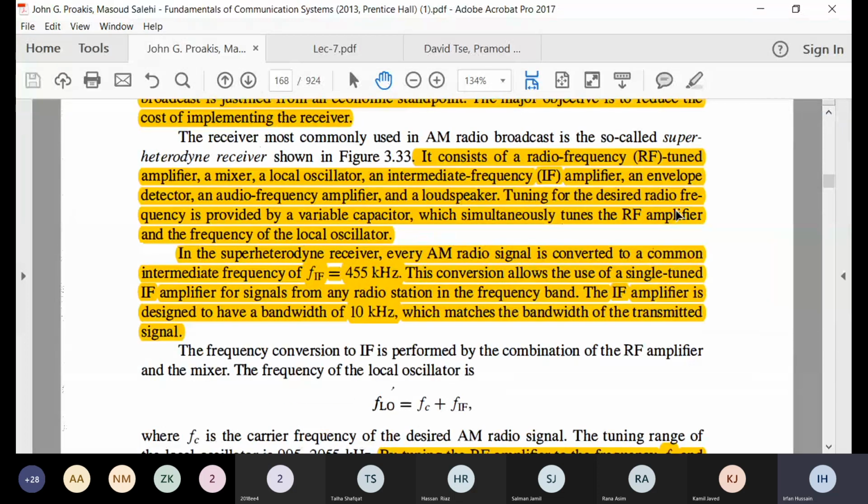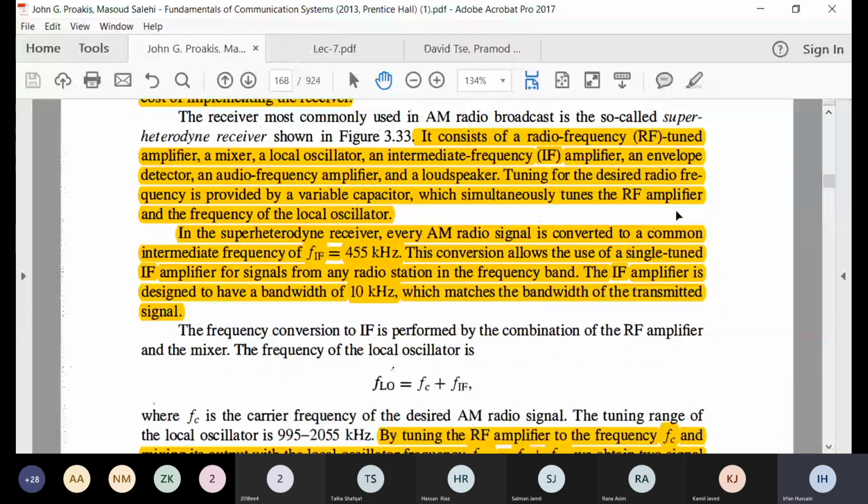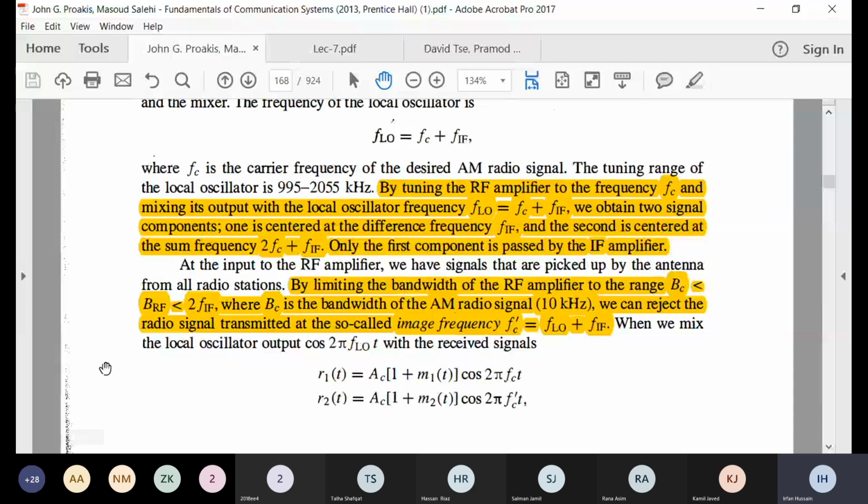So the bandwidth of the RF amplifier is always less than 2 IF, and it is greater than BC. Here we take BC to be 10 kilohertz because we are talking about pass band.